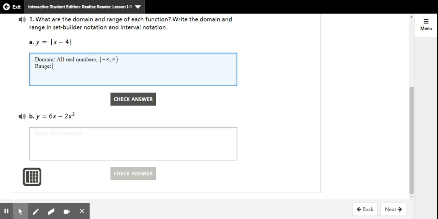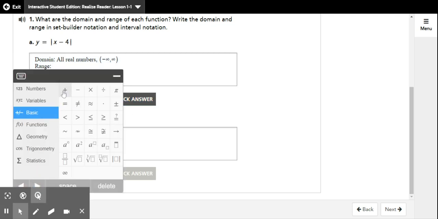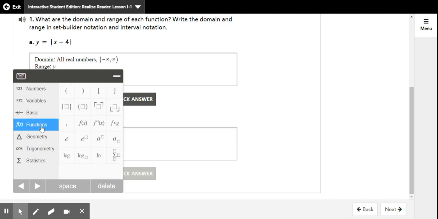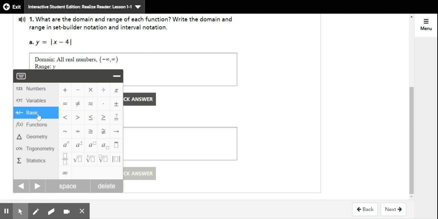I'm going to say the range is, I'm going to use the variable button. So y, and under basics is where I'm going to hit greater than or equal to. I can type in 0.